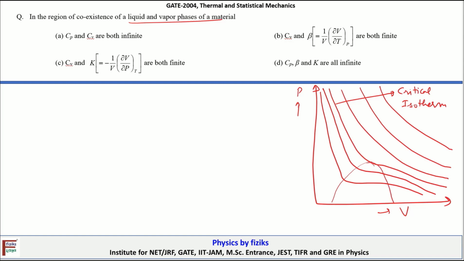This region where a flat feature appears in the P versus v diagram contains both phases. This is the region of coexistence of vapor and liquid phases.